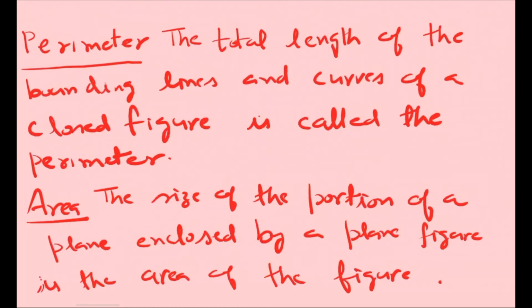Now students, we will learn about triangle, then perimeter of triangle, and then area of triangle. First we complete the perimeter and area of triangle, right? So, triangle.